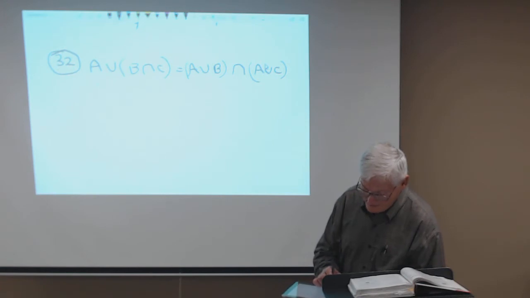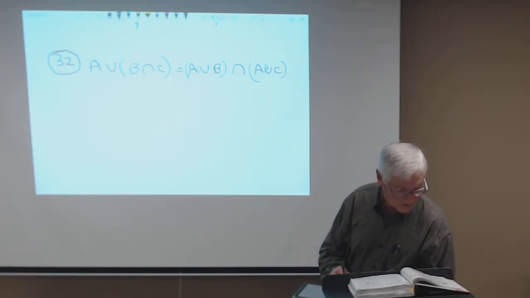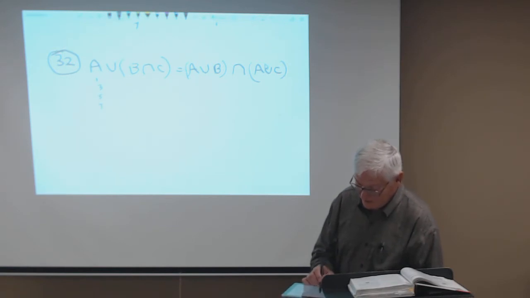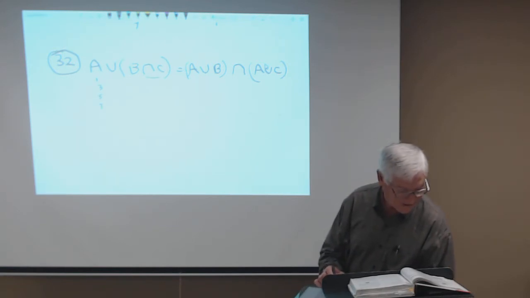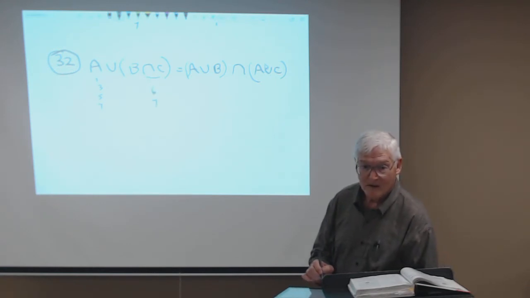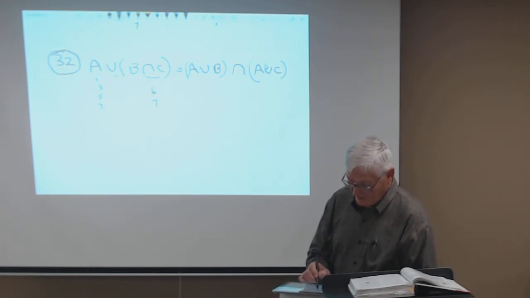What's in A? 1, 3, 5, 7. What's in the intersection of B and C? 6 and 7. Everybody see that? What's the union of these two sets of regions? 1, 3, 5, 6, 7.